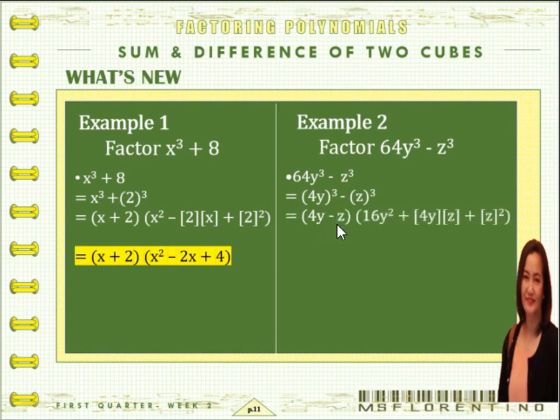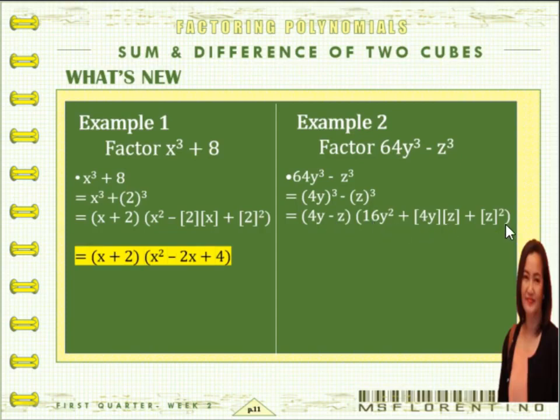Therefore, we get the binomial factor. The cube root of 64 is 4. The cube root of y cubed is y. And the cube root of z cubed is z. Since our product has a minus sign, our binomial factor has a minus sign as well.